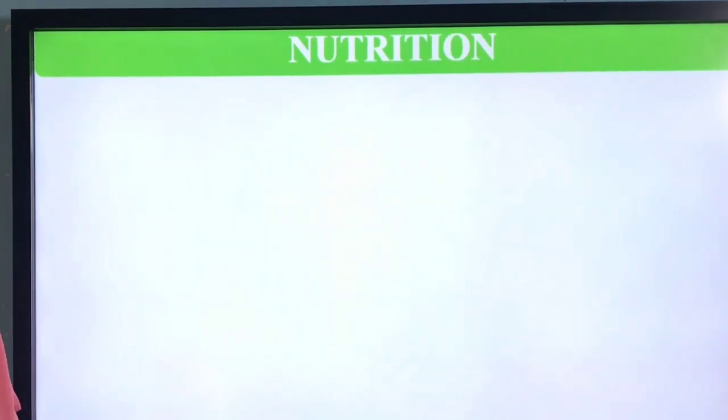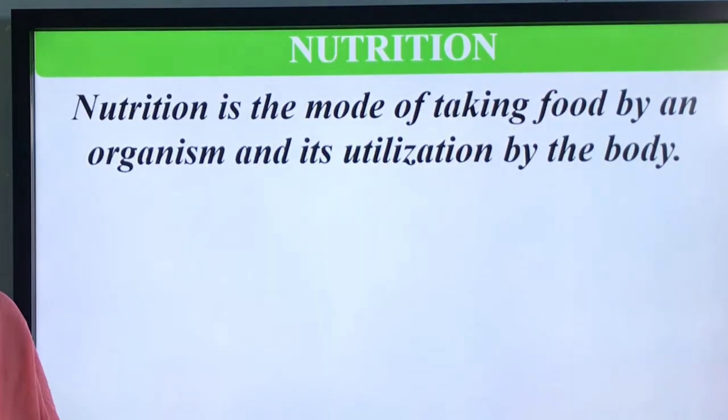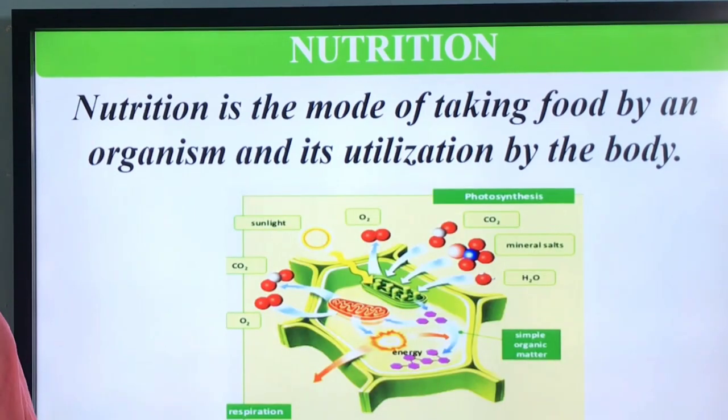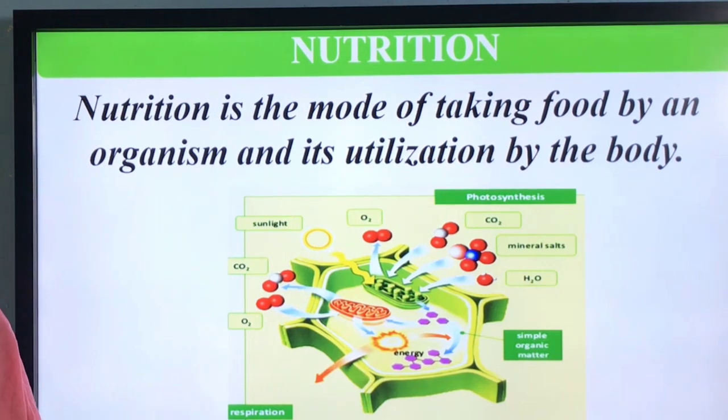Then what is meant by nutrition? Living beings take food in various forms, and the food will be utilized in the body and the energy will be supplied. So, the mode of taking food by the organisms and how the food is utilized in the body is known as nutrition.